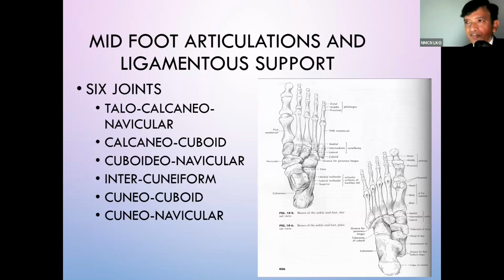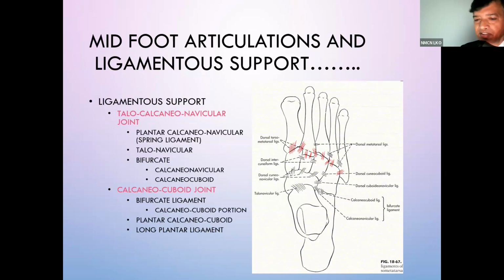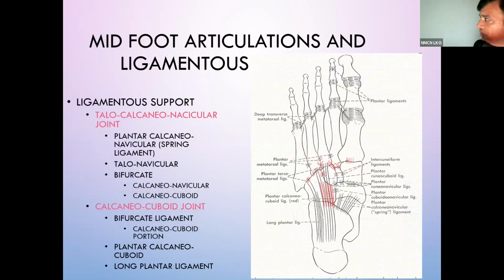So you have to be very careful, and we see how they are connected with the different ligaments. Talocalcaneonavicular, so this is the talus bone, then calcaneum and navicular. You see in this diagram it is clearly depicted.